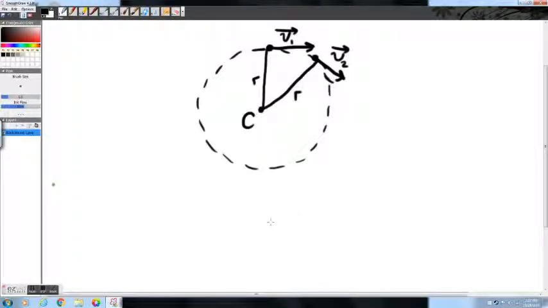However, there will be an acceleration, because recall that the definition of acceleration is that it is a change in the magnitude or the direction of a velocity.